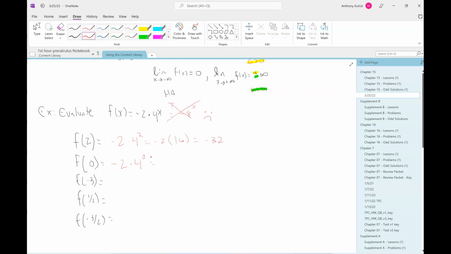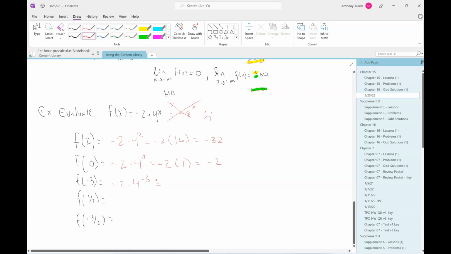All right, so I do f of 0, -2 times 4 to the 0. What's 4 to the 0? 1 is correct. Remember that anything other than 0 to the power 0 is 1. 0 to the 0 is undefined. So I do the same thing then for -3.